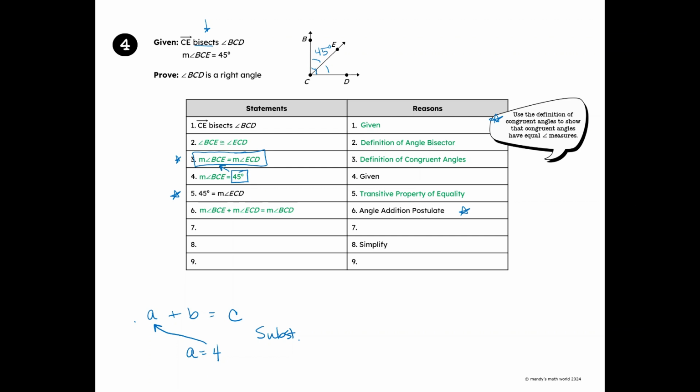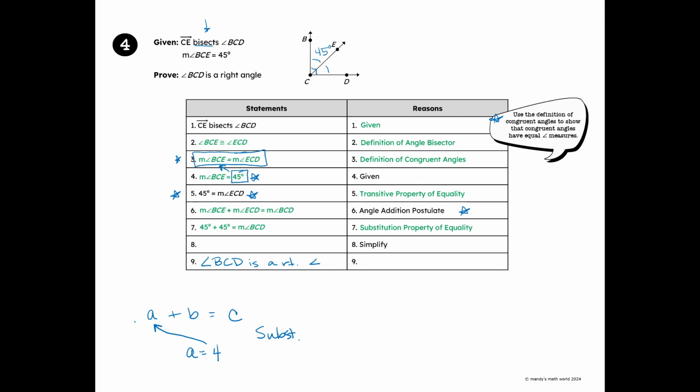We know we're trying to get to the fact that angle BCD is a right angle. That's what we're trying to prove. Okay, where can we go from there? Well, we know that the measure of angle BCE is 45 degrees, and we know that the measure of angle ECD is 45 degrees. So can I replace those two values in my equation?